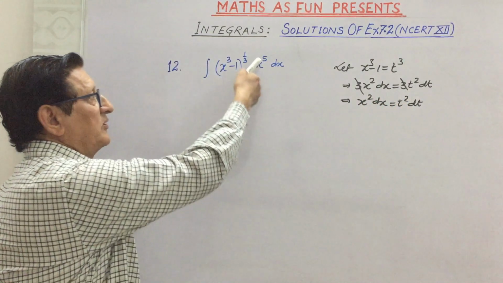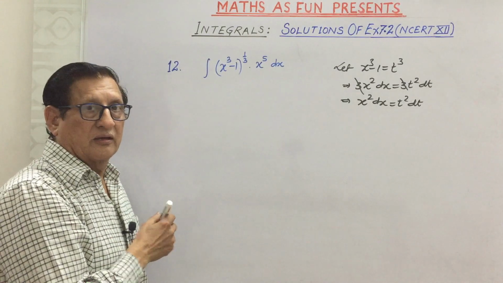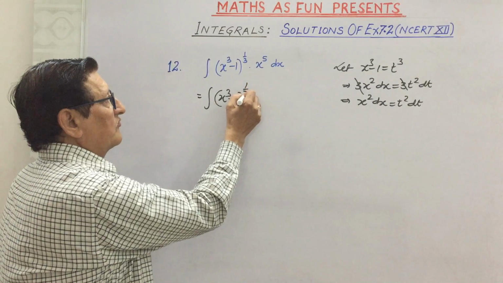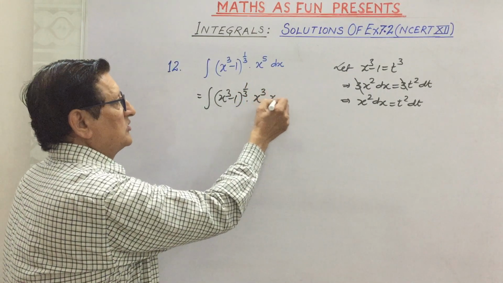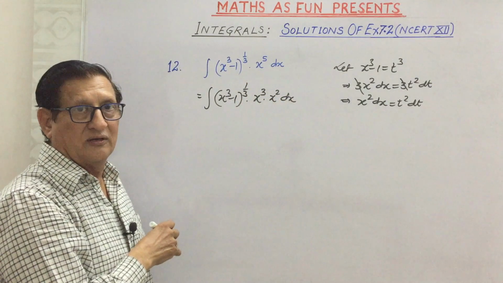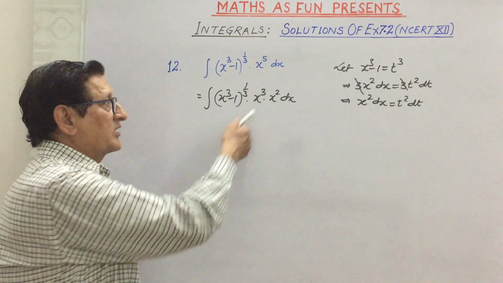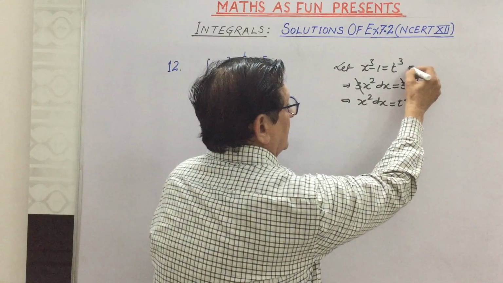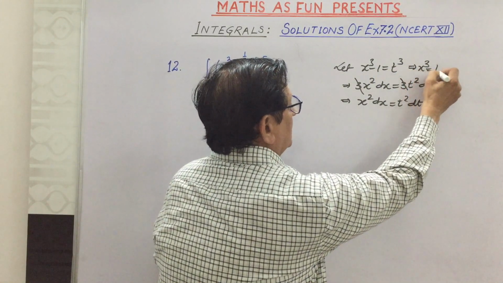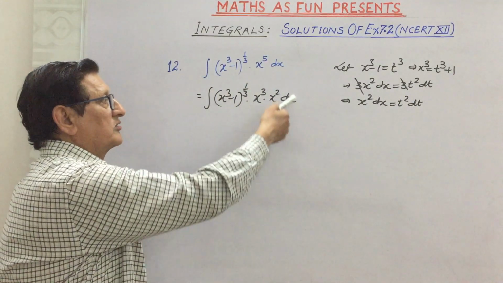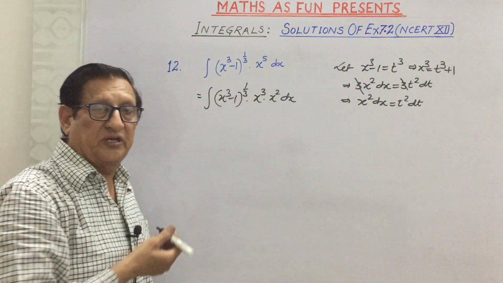But here we have x power 5. Can we write this as x cube minus 1 whole power 1 upon 3 into x cube into x square? Why? Because we have got the value of x square dx from here, and x cube we can find from here, that will be x cube is equal to t cube plus 1, because we have to convert this particular function in terms of t.